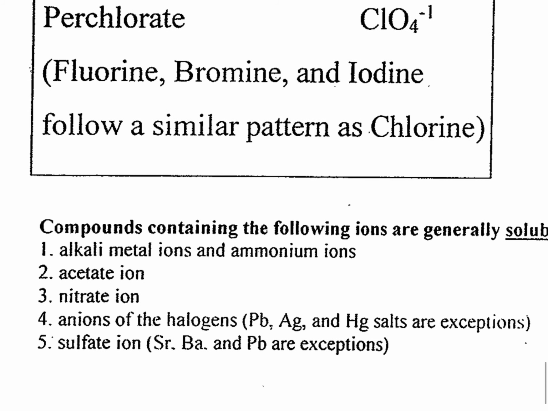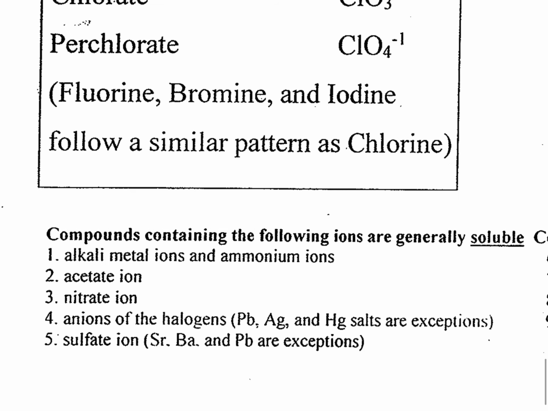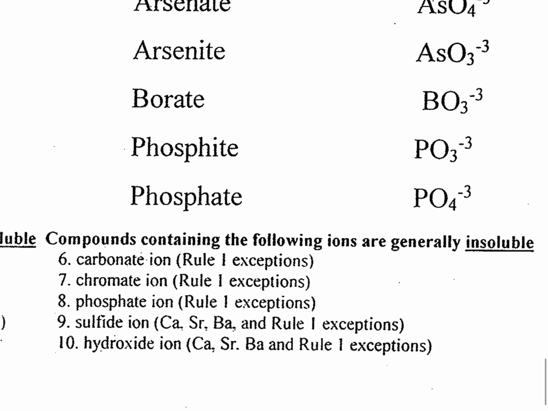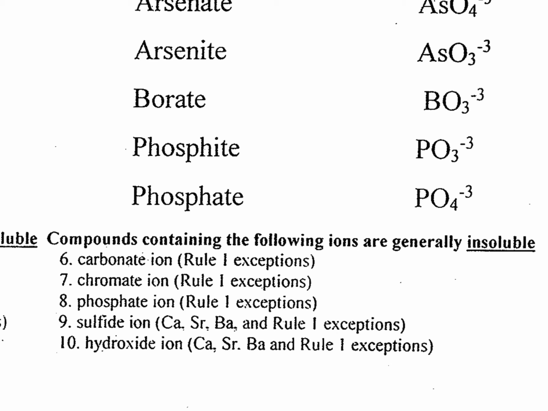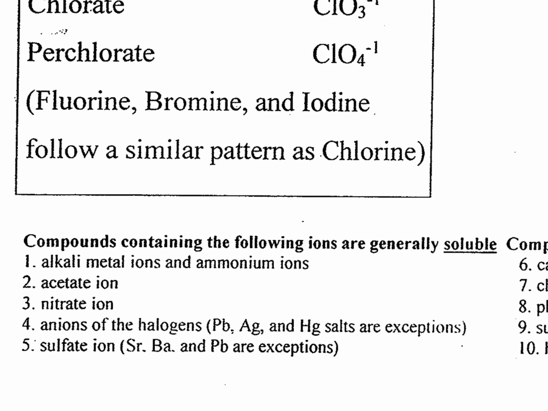On the left-hand side, we've got a list of, if a compound contains these ions, then it is probably soluble. And then on the right-hand side, 6 through 10, if a compound contains these ions, then it's probably insoluble, but you can see there are lots of exceptions. So let's work through this and see which ones apply.